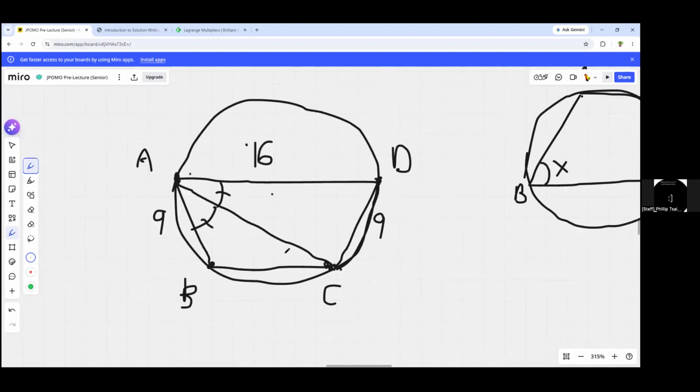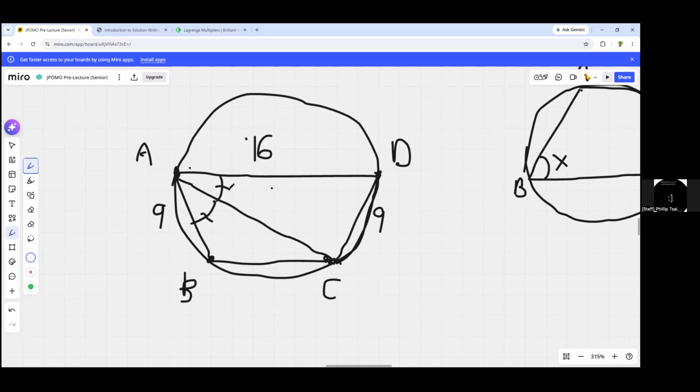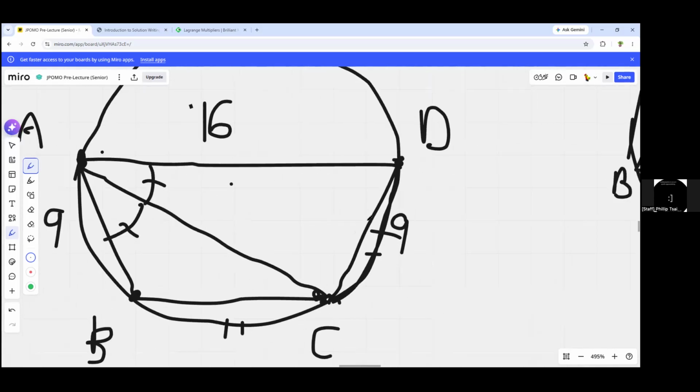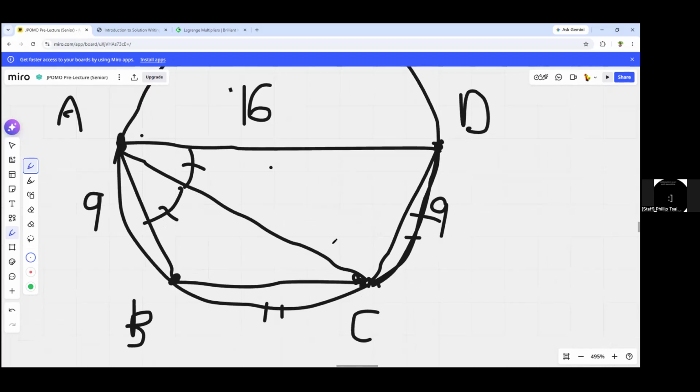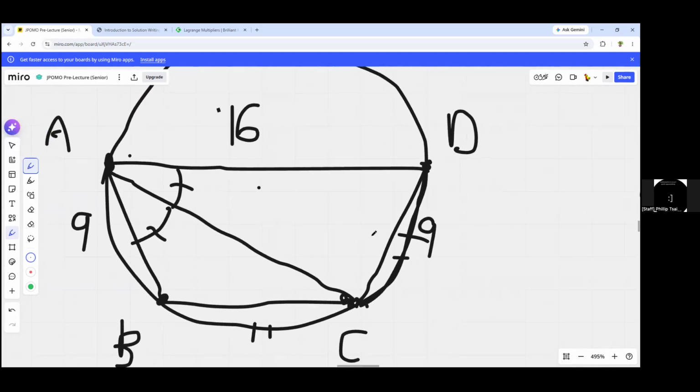In this case, since these angles are equal, these arcs must also be equal. So this must be equal to this, and we can use it to find the other length.